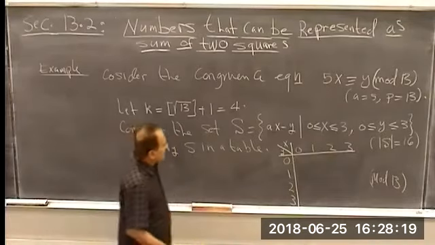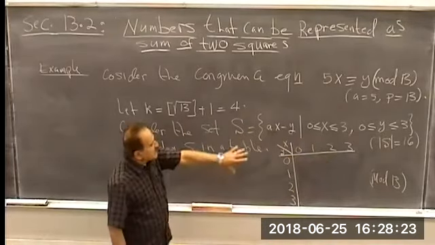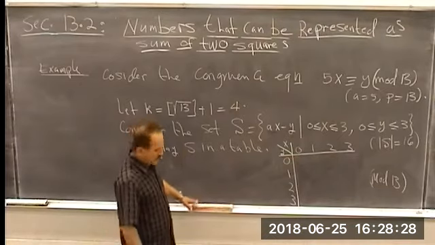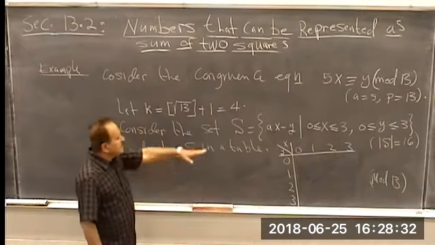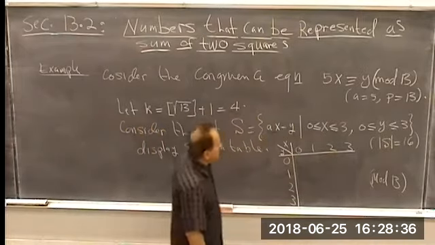All right. So the table has 16 entries in it, and they can only be different up to 13. So at least 2 entries in here must be the same.